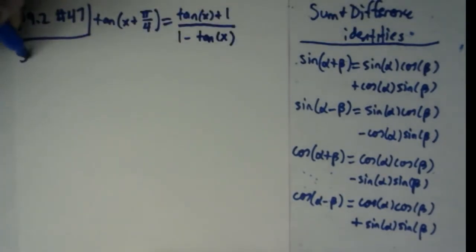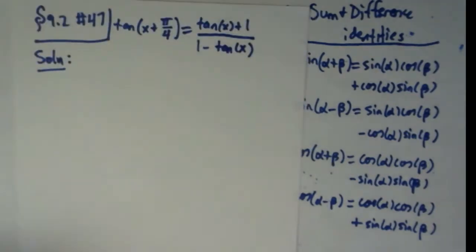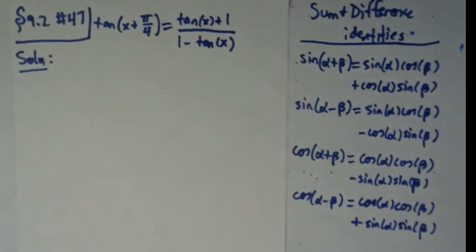So in this case, the rule of thumb from earlier of starting with the more complicated looking side is a good one, but it's kind of debatable which side's more complicated here. The right hand side certainly has more stuff going on, but the left hand side has the sum of two angles inside of the trig function.